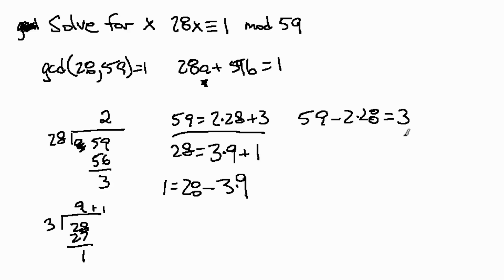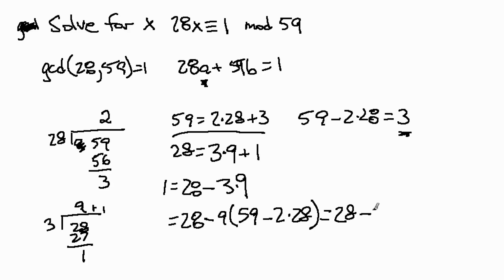So I'm going to take this expression over here for 3 and substitute it in there, and I get that 1 is equal to 28 minus, I'm going to flip these two numbers around, minus 9 times (59 minus 2 times 28), and that is equal to 28 minus 9 times 59 plus 18 times 28.